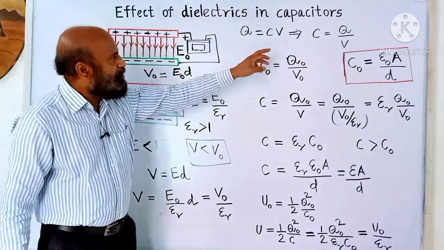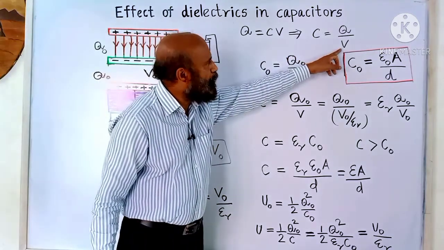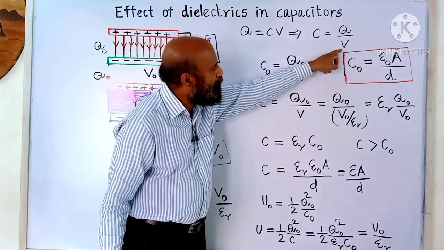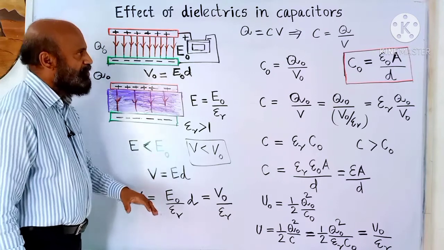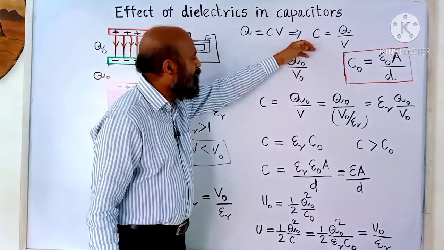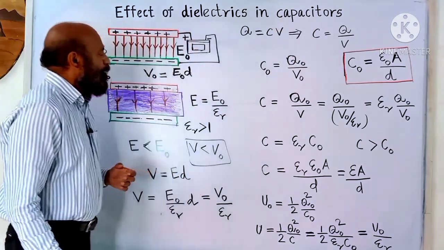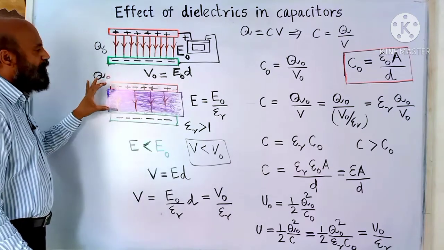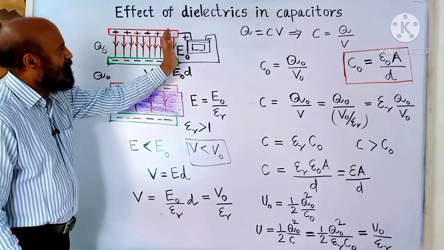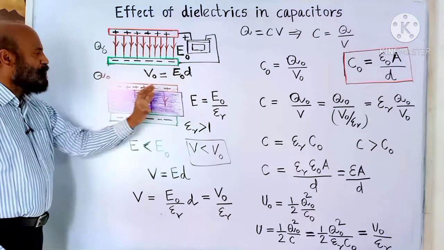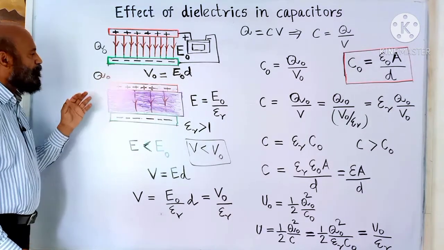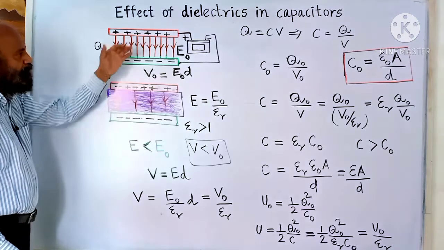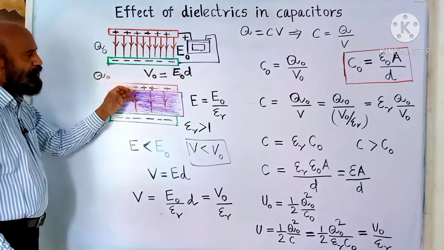Then capacitance is inversely proportional to the potential difference. That means when the potential difference decreases, capacitance will increase. But the charge will remain constant when the battery is disconnected and then the dielectric is introduced. The electric field is reduced, the potential difference is reduced.